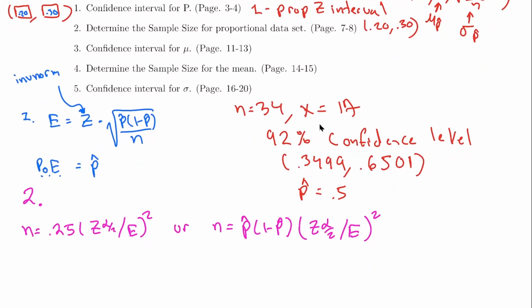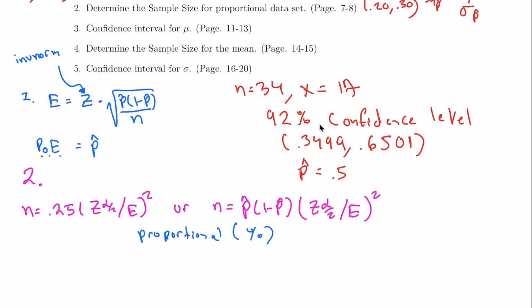Just remember for this one, there are 2 different formulas to determine how big of a sample size you should get. To determine which of the 2 formulas you want to use, they have to tell you it's proportional, or essentially they have to give you the percent. In this one, p hat is not given.